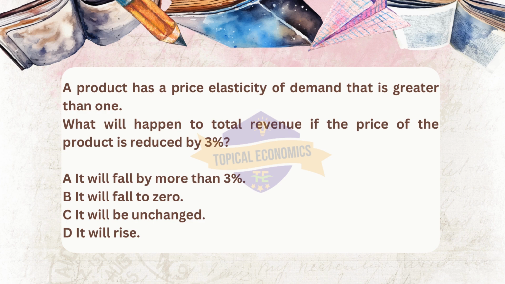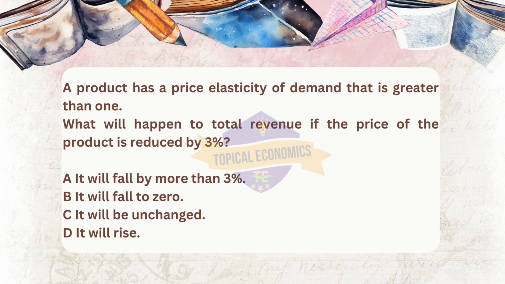The price is reduced by 3%, and with elastic demand, PED greater than 1, the increase in quantity demanded will be proportionately larger than the price decrease. Thus, total revenue will rise because the increase in quantity sold outweighs the decrease in price. Therefore, the correct answer for this question is option D.